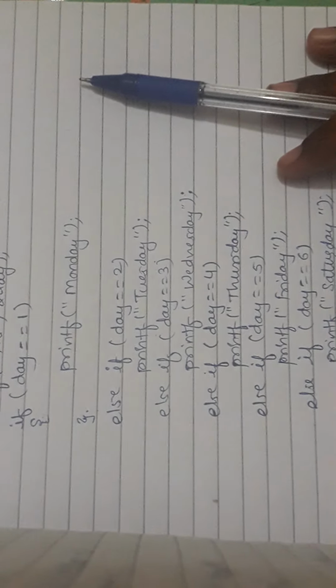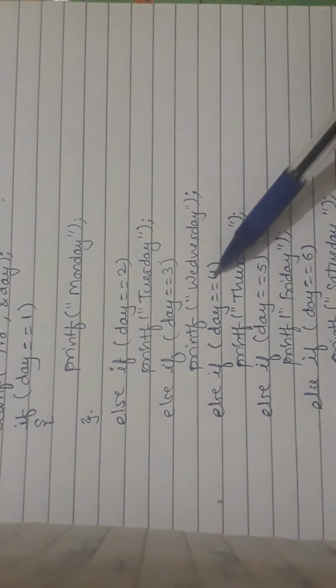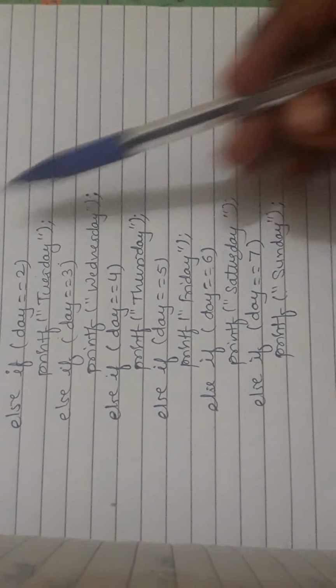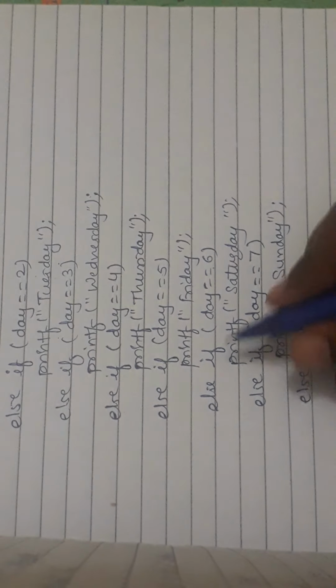Now we have written these conditions for when the value of day is 1, 2, 3, 4, 5, 6 and 7. In this way, for values from 1 to 7 it will print the corresponding day. But if the user gives another number outside 1 to 7, that case will come in the else part.